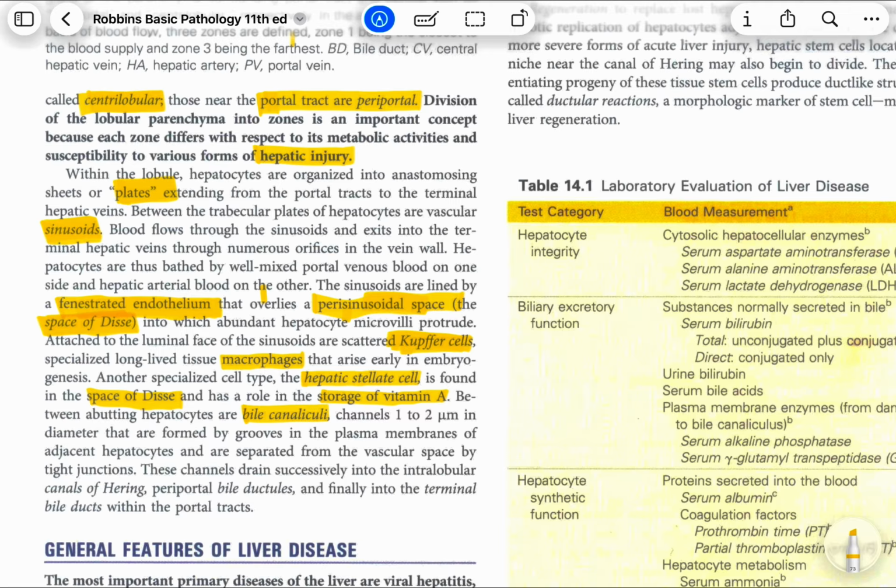These channels drain successively into the intralobular canals of Hering and periportal bile ductules and then finally into the terminal bile ducts within the portal tract.